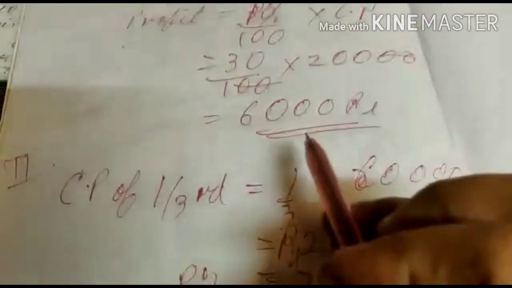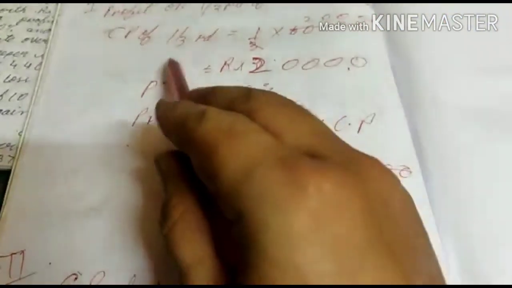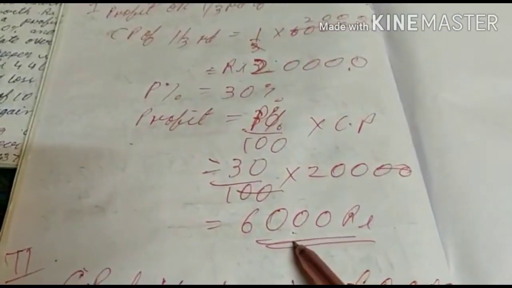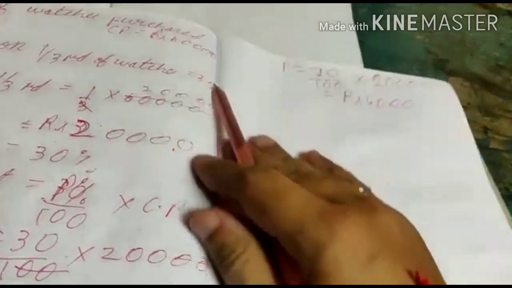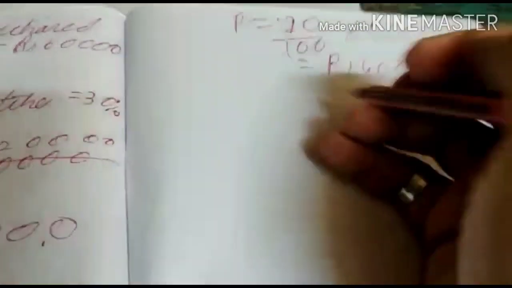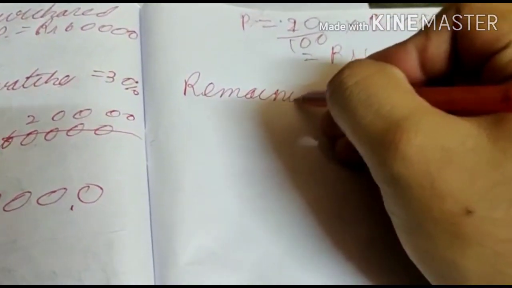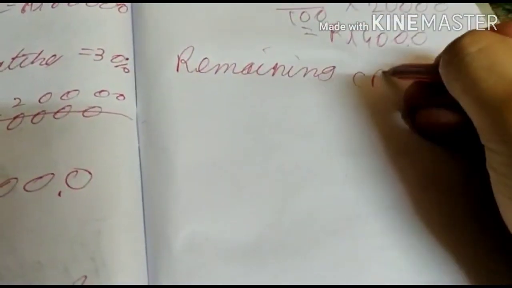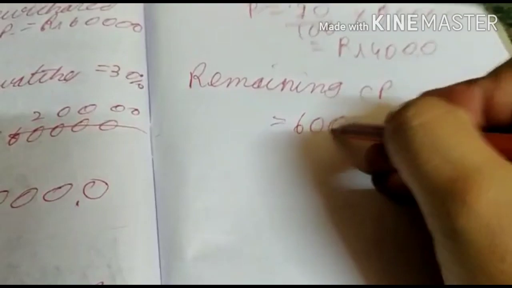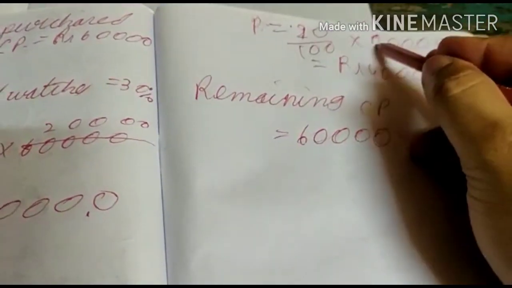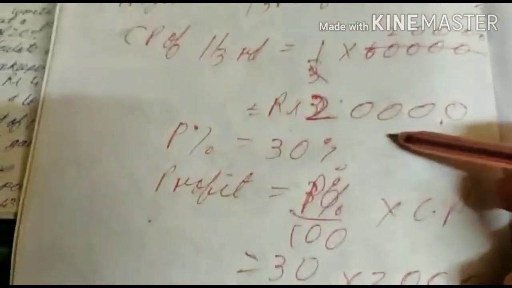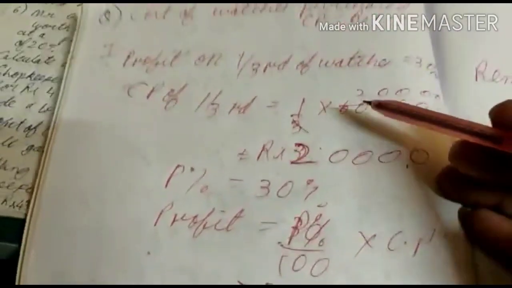In the first 1/3 part, he got 6,000 profit, and in the remaining 1/3 he got 4,000. What is the remaining CP? Total CP was 60,000. Out of the 60,000, 20,000 is used here and 20,000 is used here, one in the first part, one in the second part.